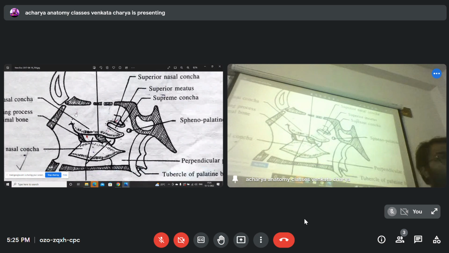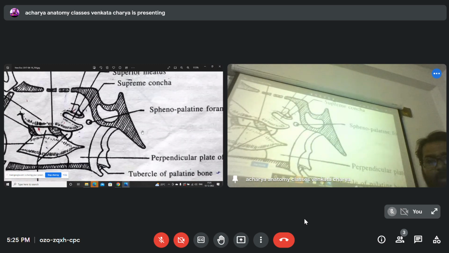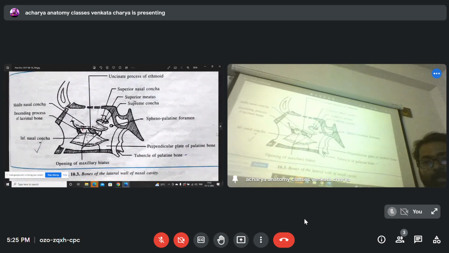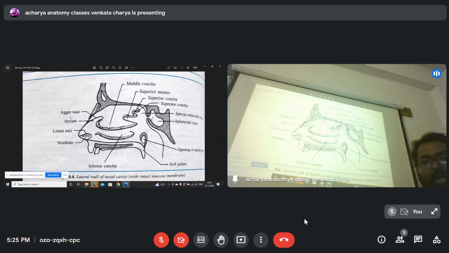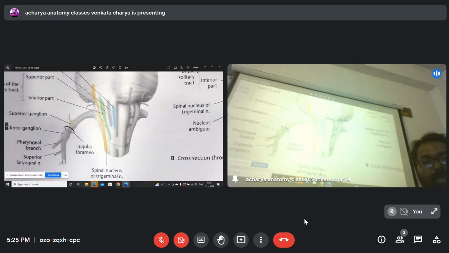Next, find out the roof. The roof is formed by the cribriform plate of ethmoid.